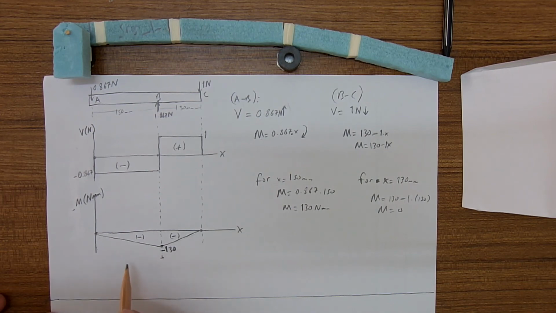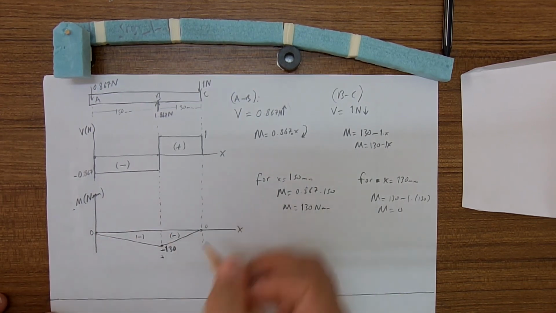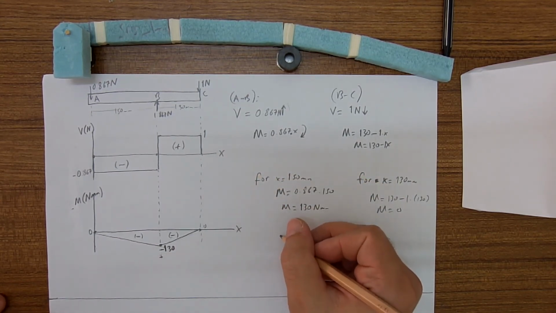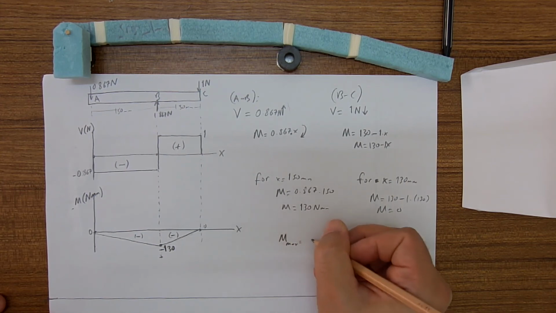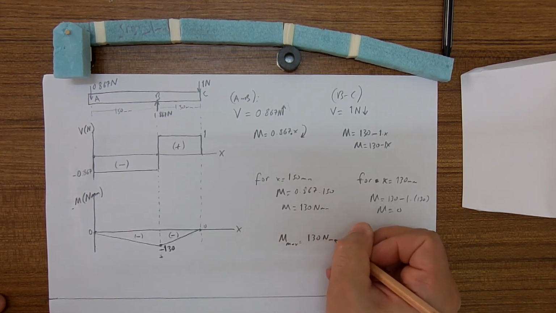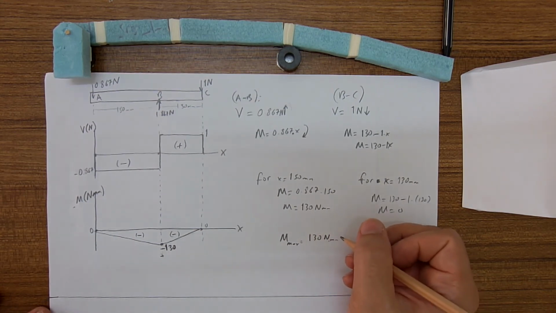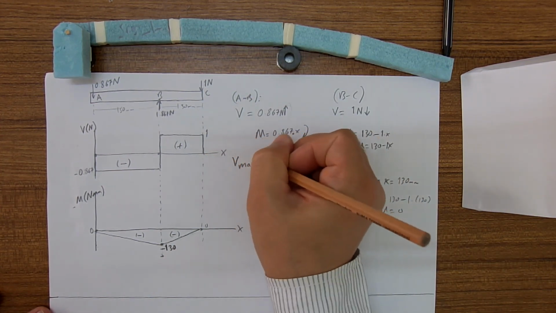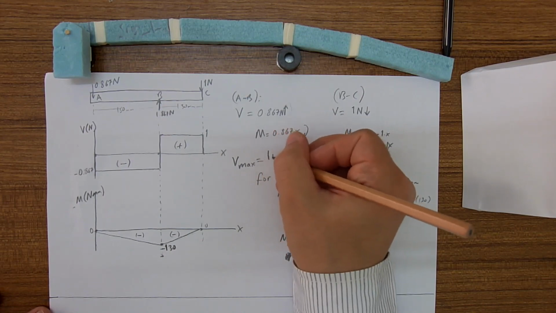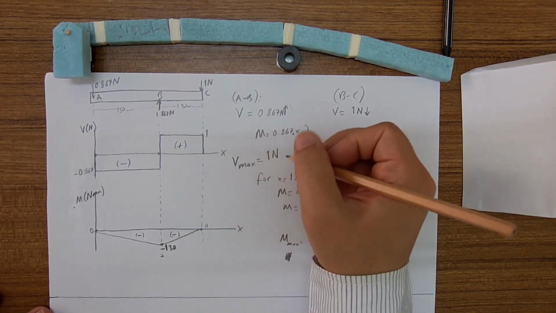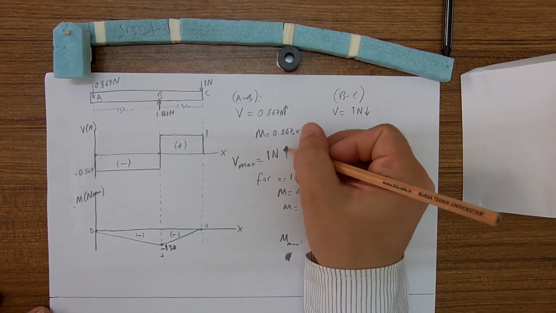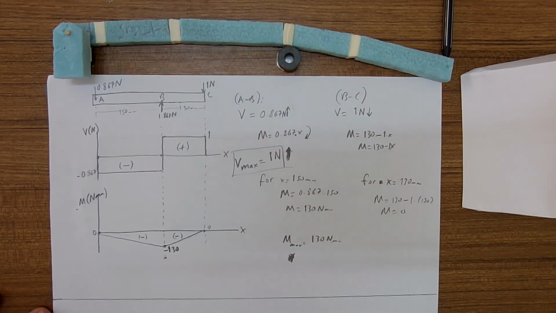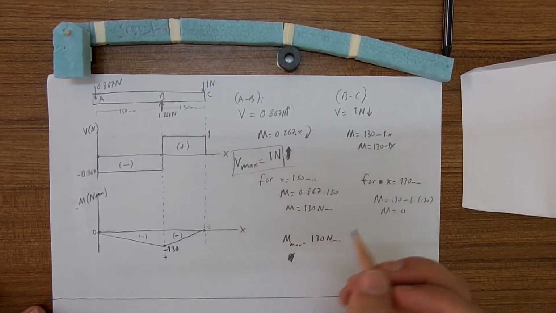Okay, these are 0. The maximum bending moment is 130 Newton millimeter. And what is maximum shear? We found maximum shear as 1 Newton. Sorry, the direction doesn't matter for the internal forces, for the shear in this case.